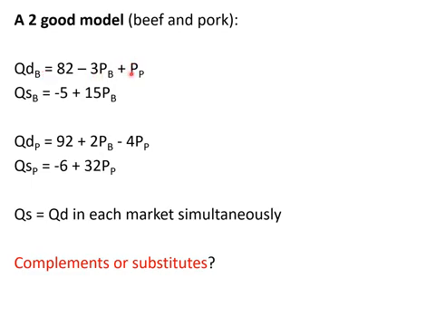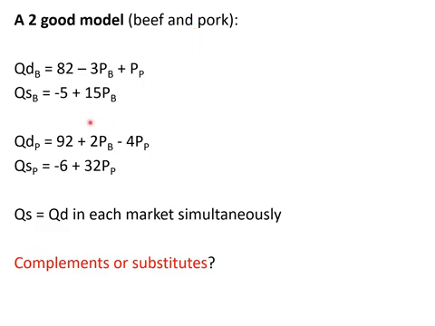But if we look at the price of pork now, which has been entered into this equation, we see a positive sign. So that's telling us that as the price of pork increases, for example, then demand for beef will increase. So that indicates to us that these two would be substitute goods.